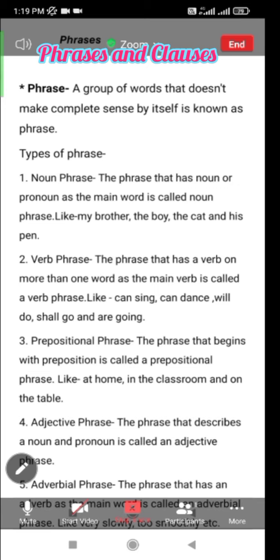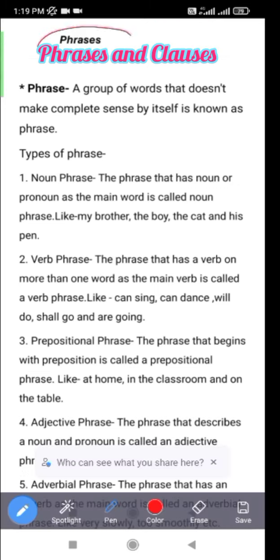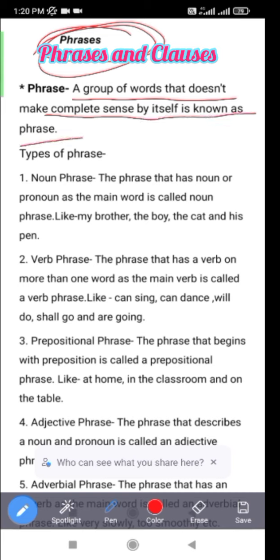So let's go ahead. You can see here in the PPT, what is a phrase? The definition itself is there: a group of words that does not make complete sense by itself is known as a phrase. If you remember, when we studied sentences, I told you that a sentence is also a group of words, but a sentence has complete sense in itself.